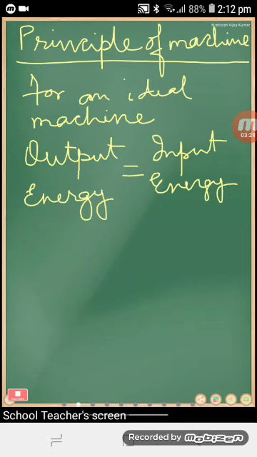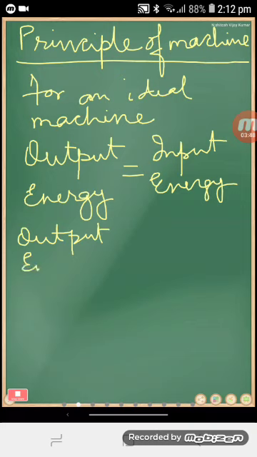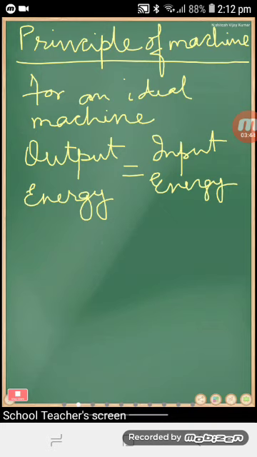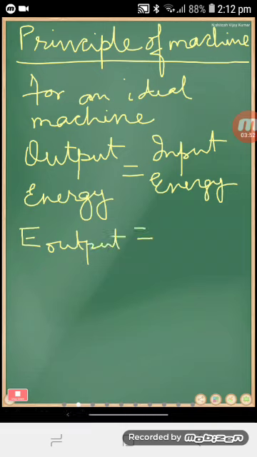Now how to calculate this output energy? I'll use the symbol only. I use E output. So energy is basically capacity to do work.